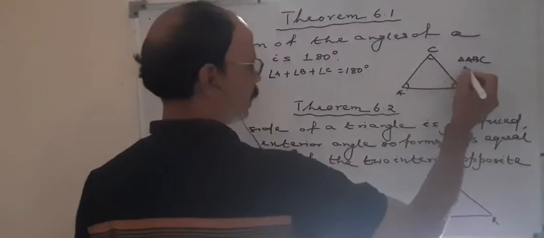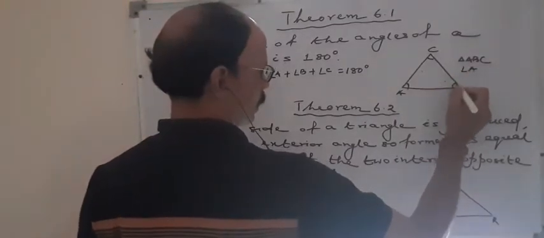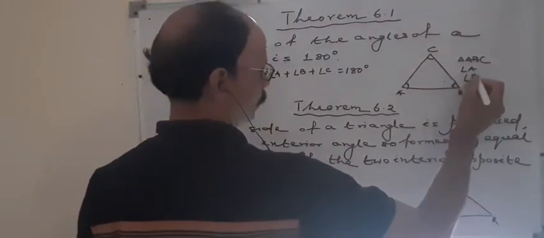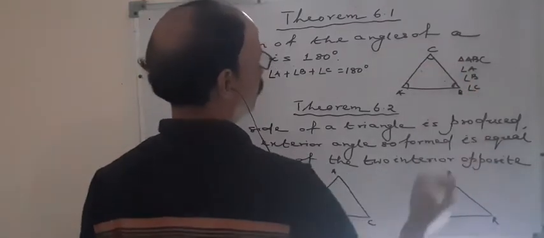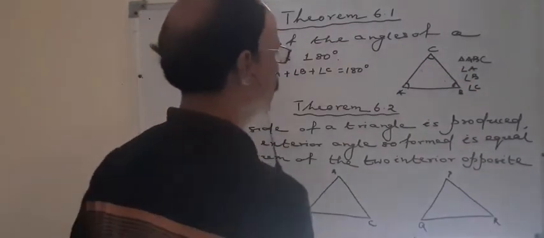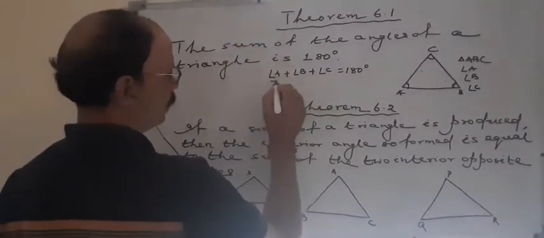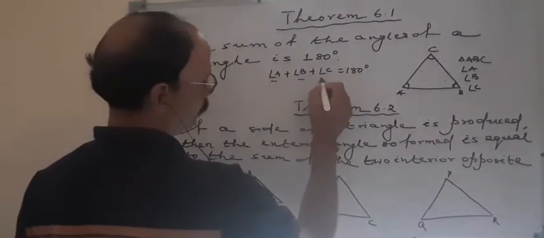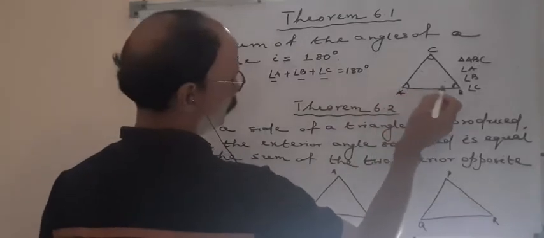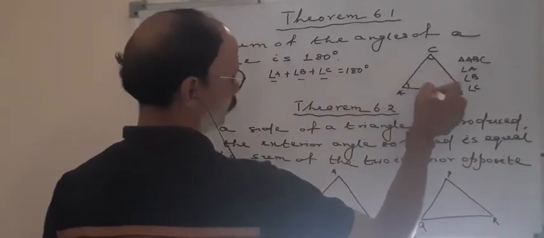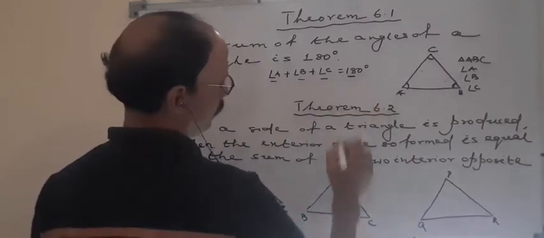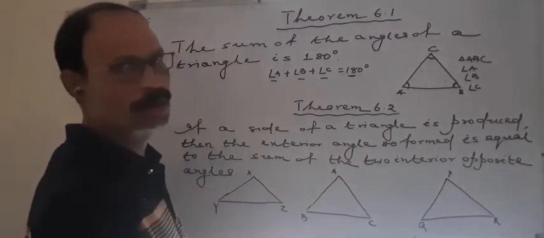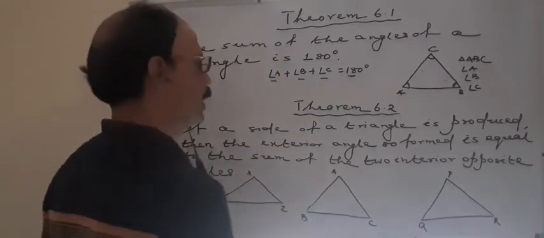It is angle A, it is angle B, and it is angle C. And the theorem 6.1 states that angle A plus angle B plus angle C, meaning all the three angles of the triangle, is equal to 180 degrees. This is the theorem 6.1.